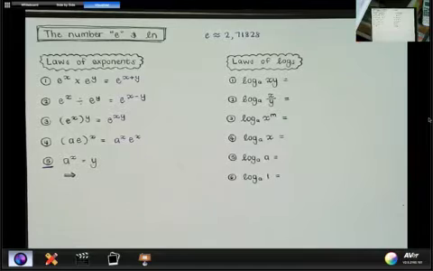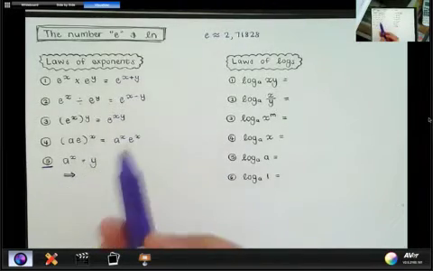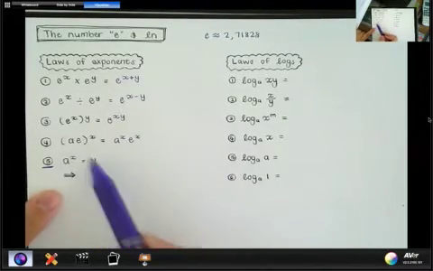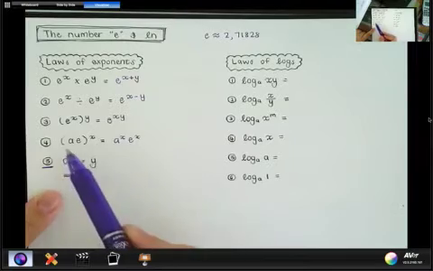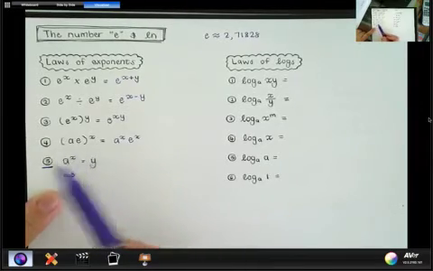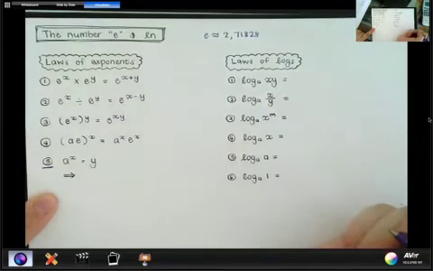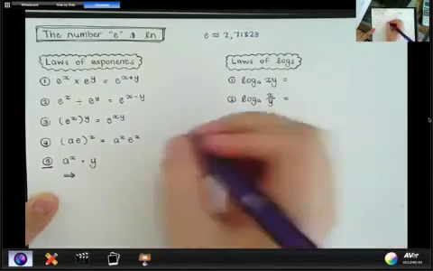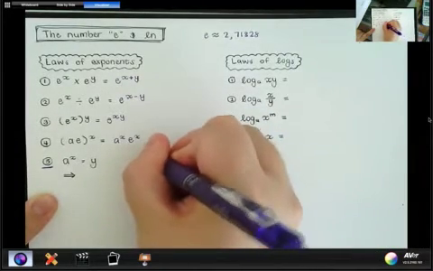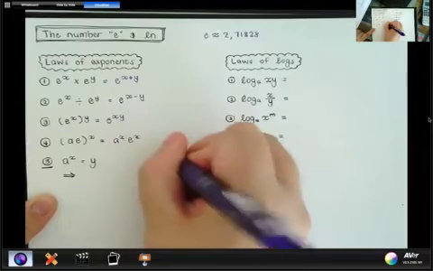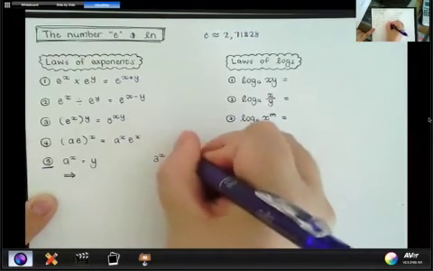This is how it works. It's a different way of writing the same equation. So say, for example, you have something like 3 to the power of x is equal to 101.